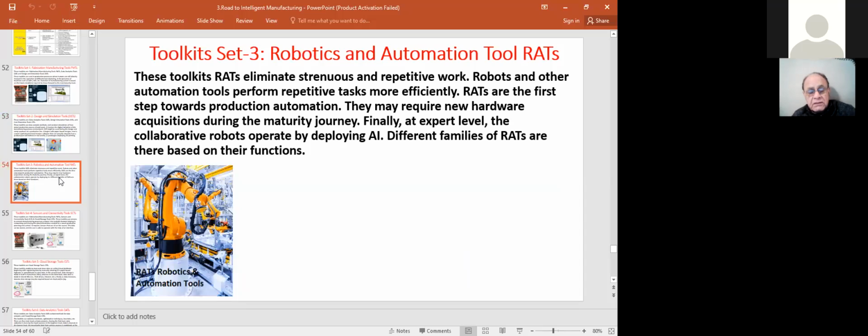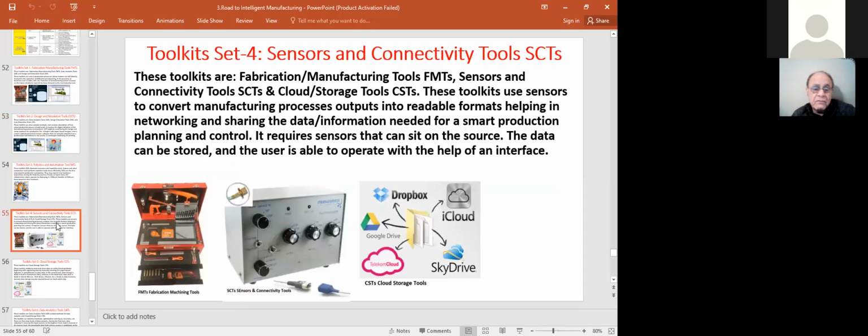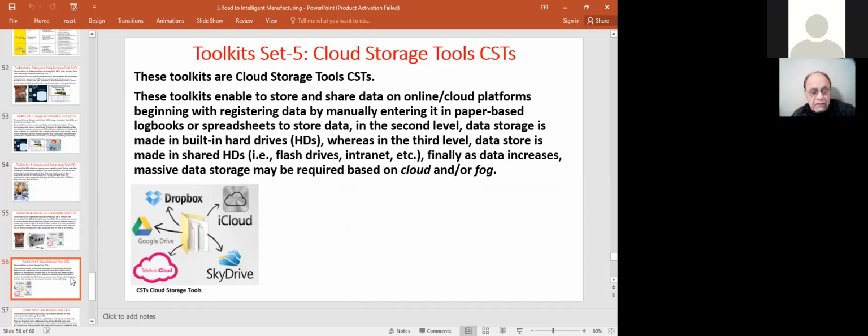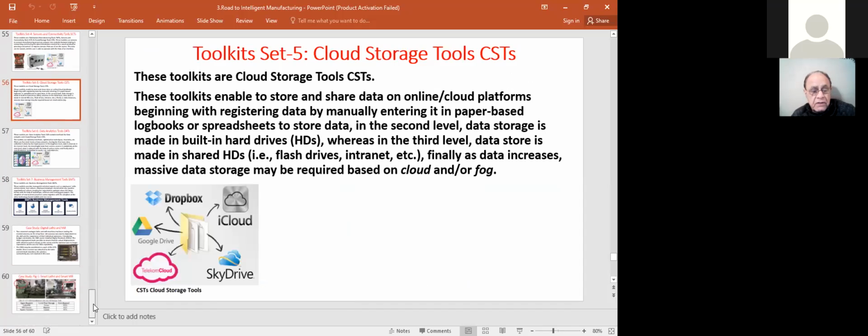The next set of toolkits are robotics and automation tools. Still further, we get into cloud computing, sensors, and connectivity tools. This is the way forward, really, for SMEs to get into intelligent manufacturing.